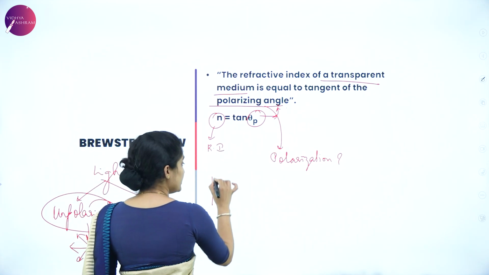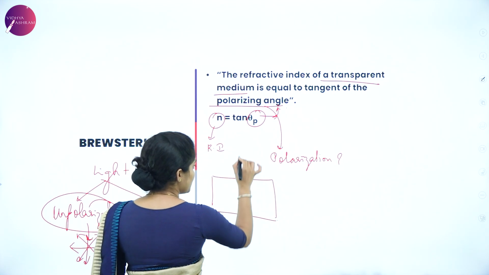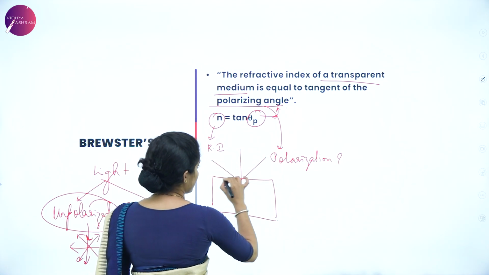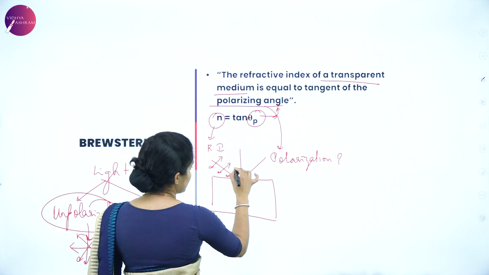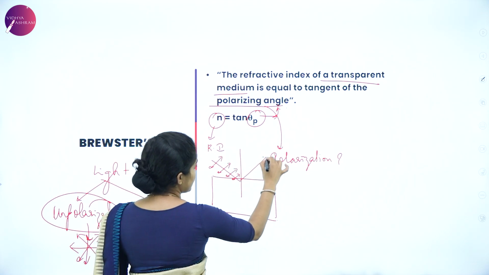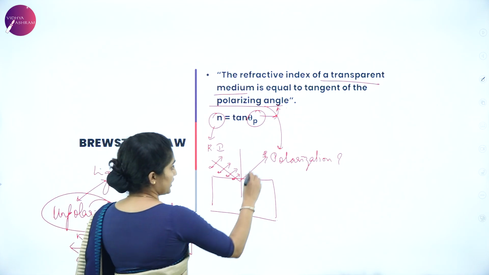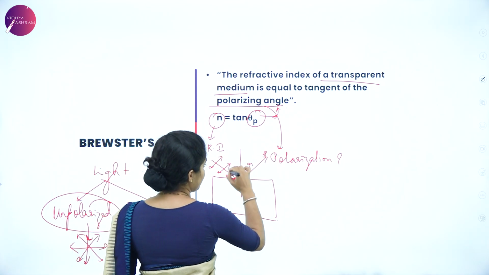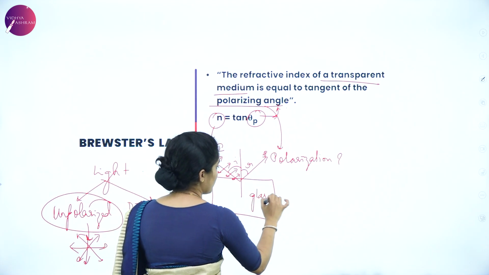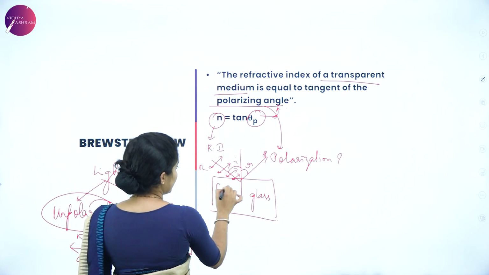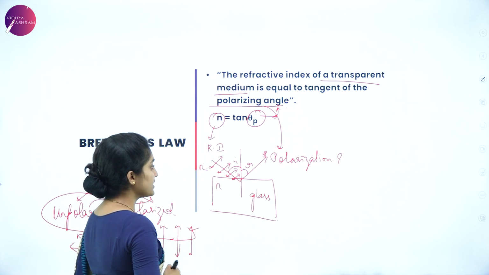Consider a glass for which the angle of refraction is considered. We have unpolarized light falling towards it, and polarized light getting reflected over here. So this is the angle of refraction. This is a transparent medium, which we can call glass, with a refractive index for the rarer as well as the denser medium.